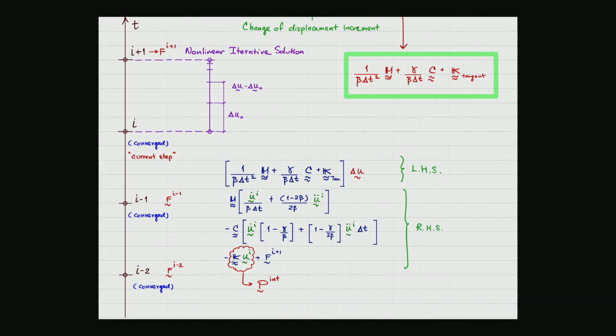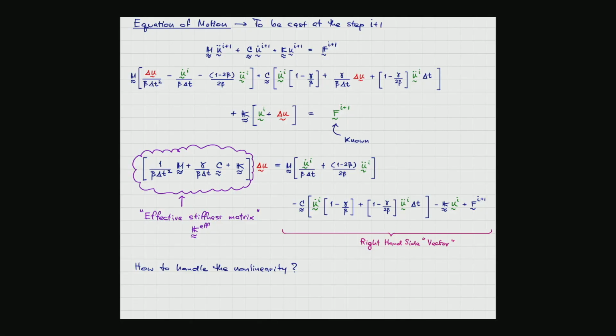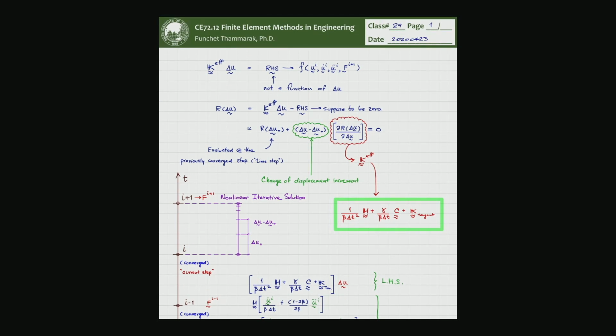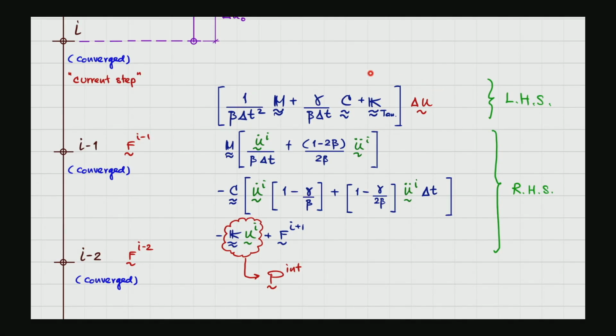I need to put in the sign. So if you see on this one here, if I have the K effective delta U minus right hand side, so this is the K effective times the delta U, and then I have to minus right hand side. So I'm minus and I'm minus. Okay.